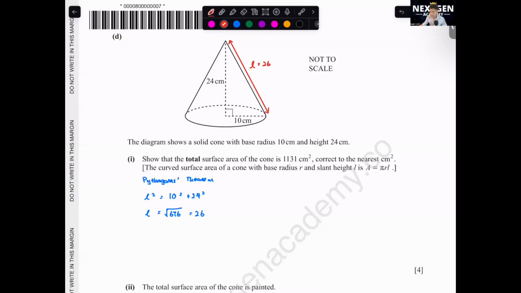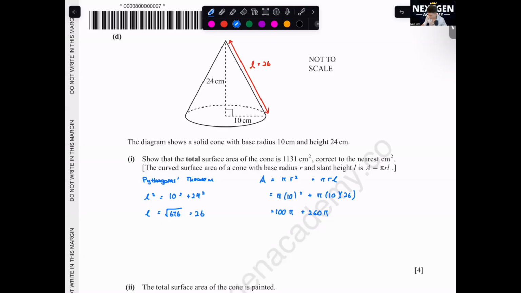Once you have this, you can find your total area, which is pi r square plus pi r L. Pi times 10 square plus pi times 10 times 26. 100 pi plus 260 pi.